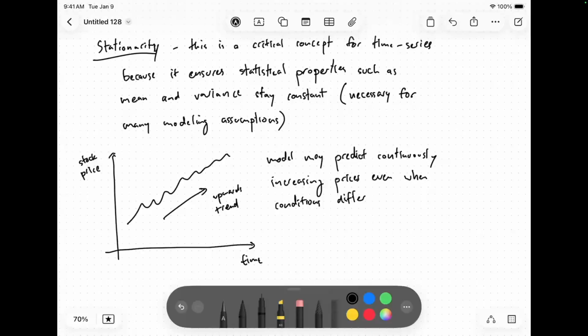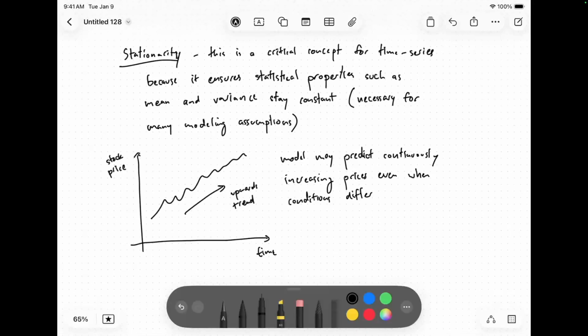Right, because you have this constant trend that's going upwards, it's difficult to disassociate effects of different variables from this particular trend. And so ideally, you would want to apply stationarity in some way in order to disentangle that.